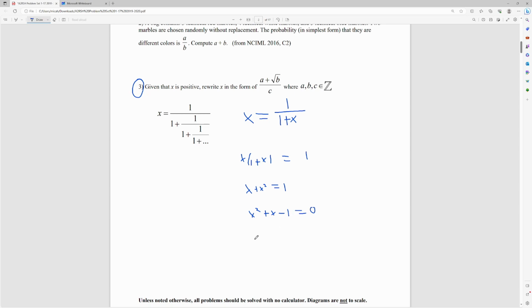Now we can use quadratic formula, so we get that negative 1 plus or minus the square root of 1 squared minus 4 times 1 times negative 1 over 2. Or in other words, negative 1 plus or minus the square root of 5 over 2. And we can reject the negative solution because x is positive, so negative 1 plus the square root of 5 all over 2.